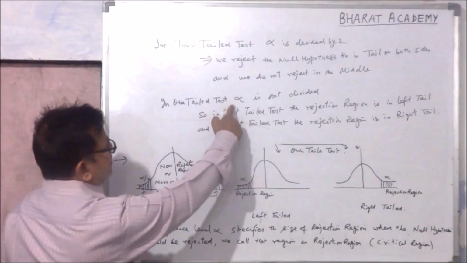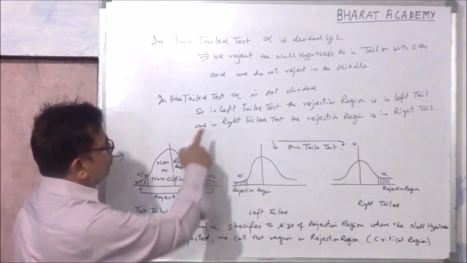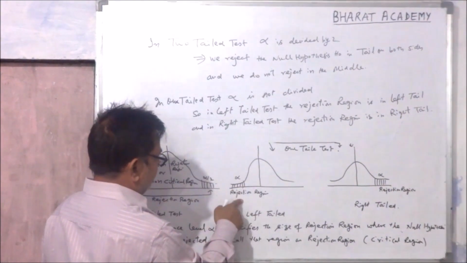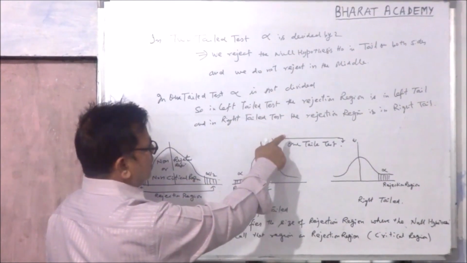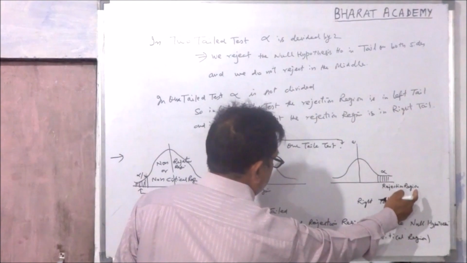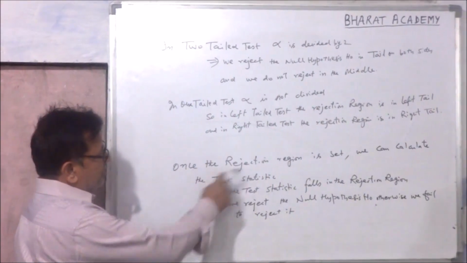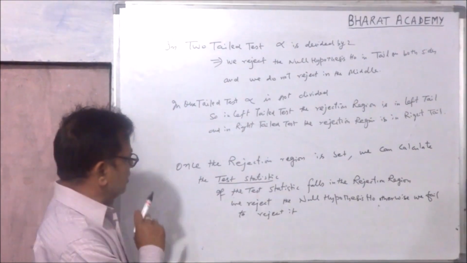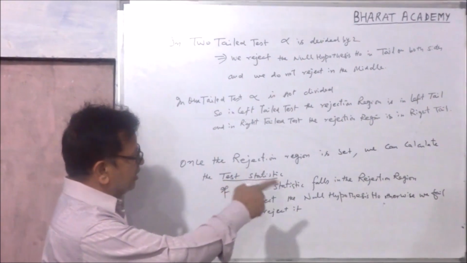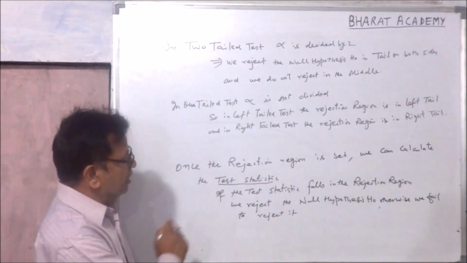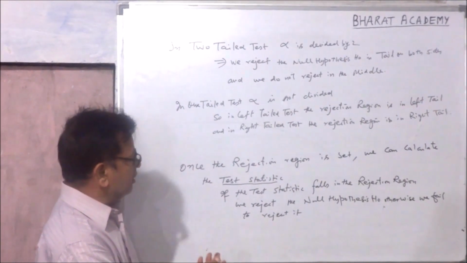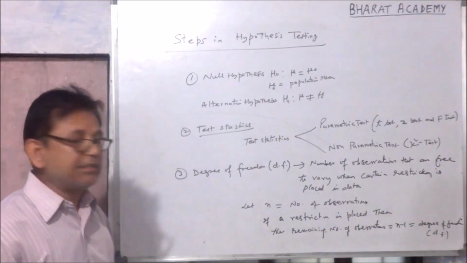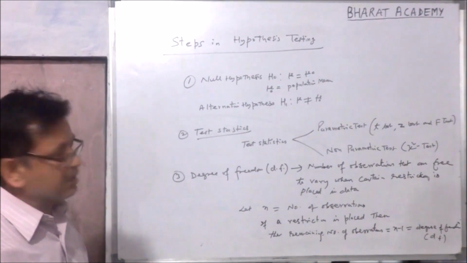In one tail test, alpha is not divided, so in the left tail test the rejection region is in the left tail, and in the right tail test the rejection region is in the right tail. Once the rejection region is set, we can calculate the test statistic. If the test statistic falls in the rejection region, we reject the null hypothesis H naught, otherwise we fail to reject it.